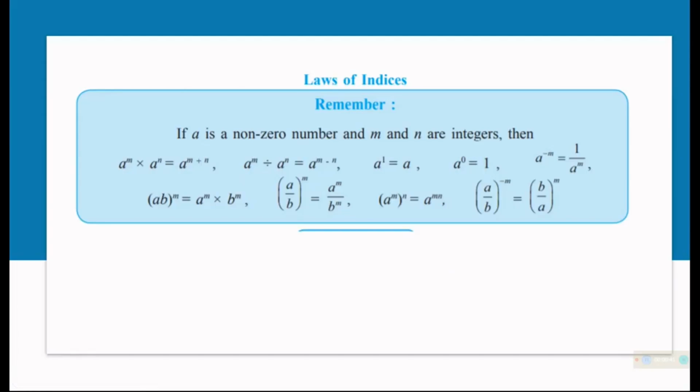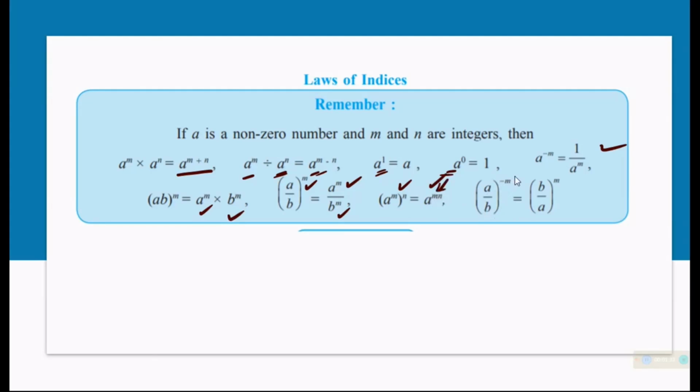These are the laws of indices that we studied in the last video, once for your revision or recalling what you learned. a to the power of m into a to the power of n is equal to a to the power of m plus n. a to the power of m divided by a to the power of n is equal to a to the power of m minus n. a to the power of 1 is equal to a. a to the power of 0 is equal to 1. a to the power of minus m is equal to 1 upon a to the power of m. (ab) to the power of m is equal to a to the power of m and b to the power of m. (a upon b) whole to the power of m is equal to a to the power of m upon b to the power of m. (a to the power of m) whole to the power of n is equal to a to the power of m into n.